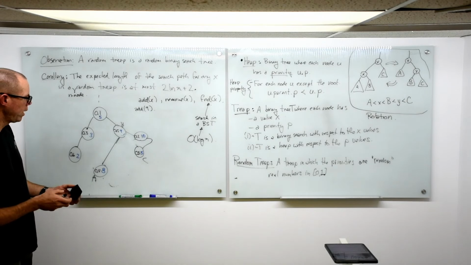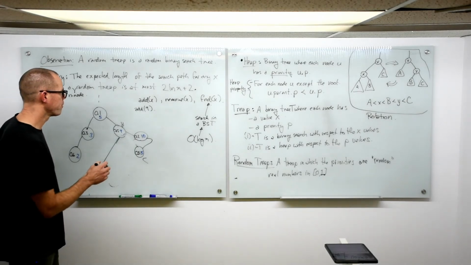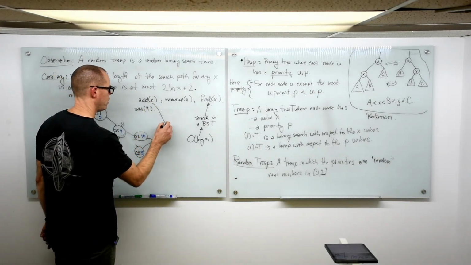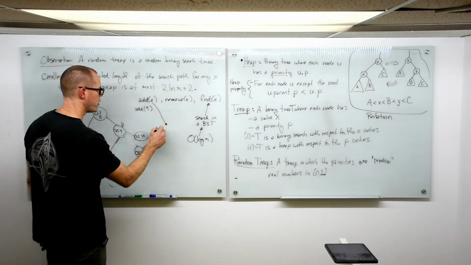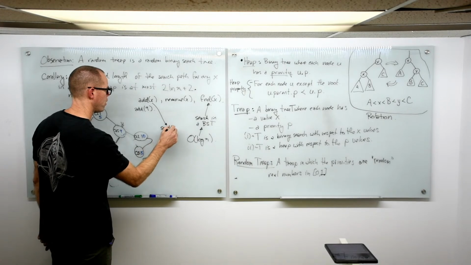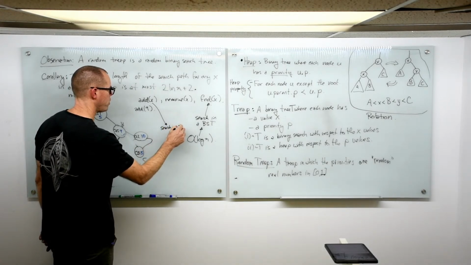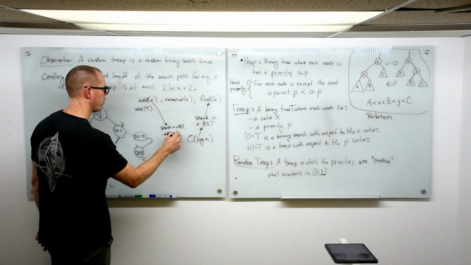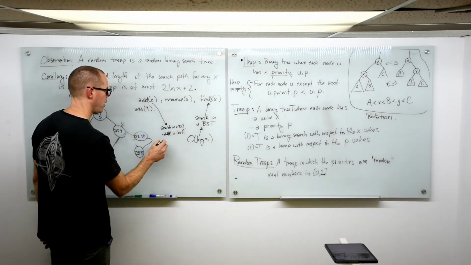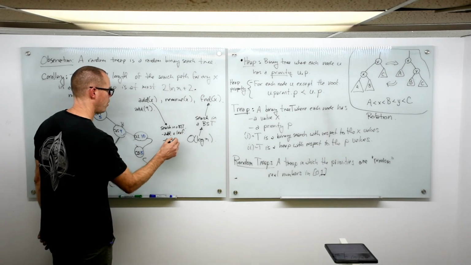So, how long does that take? So what is this? Well, we do a search in the binary search tree. We add a leaf, and then do some rotations.